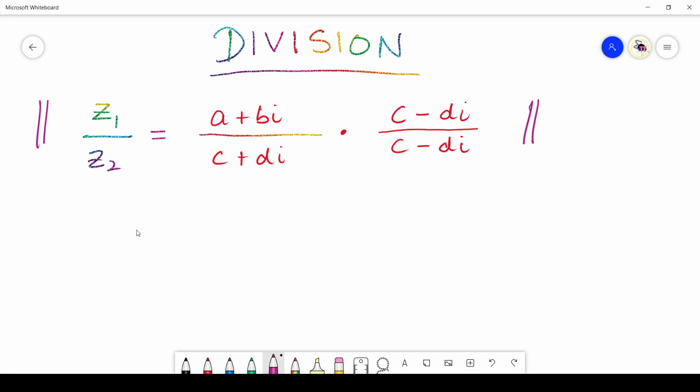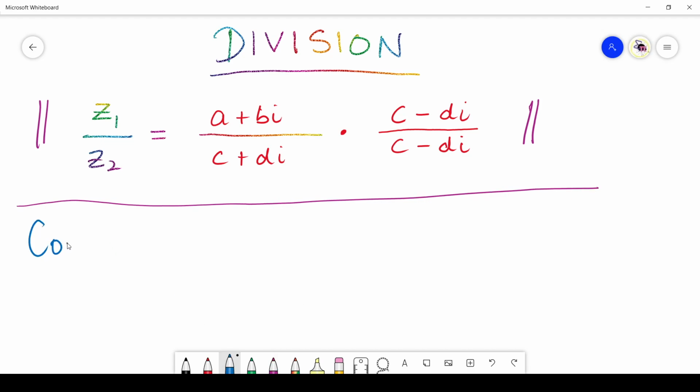So instead, to cement this division process in your minds, I'm going to give you an example. Let's consider a case where we have a complex number z1 divided by z2, which has a value of 1 minus 3i. I was going to use an example from a textbook, but I changed my mind.